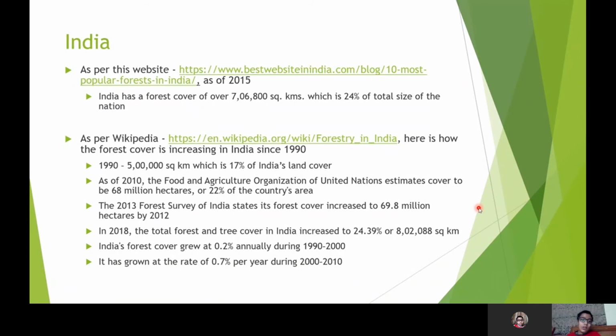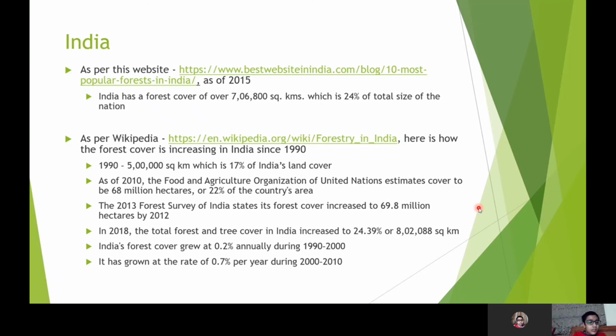As of 2010, the Food and Agriculture Organization of the UN estimated forest cover to be 68 million hectares, or 22% of the country's area.